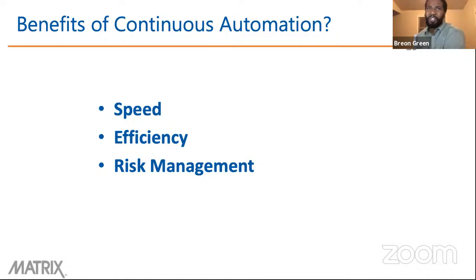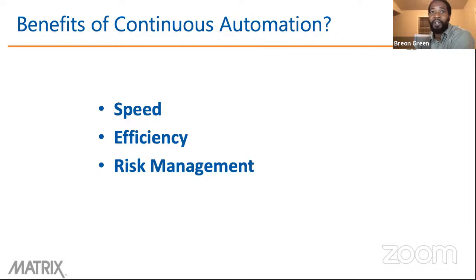Speed is usually measured by deployment frequency, and the time from committing, so making those changes we talked about, and then deploying it. Continuous automation definitely helps with that, and I think you can see how that is the case.